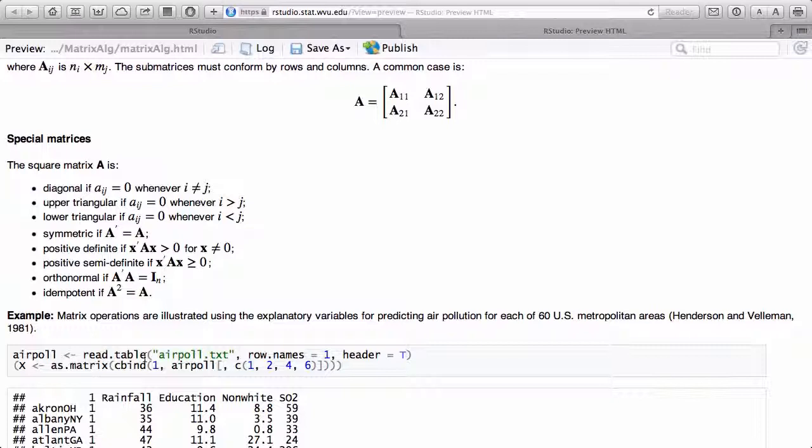So you might think that idempotency is kind of a strange thing. But I can tell you the basis of the analysis of variance and the basis of linear models is based upon symmetric idempotent matrices. When we had analysis of variance, we could break up the sum of squares into various components.